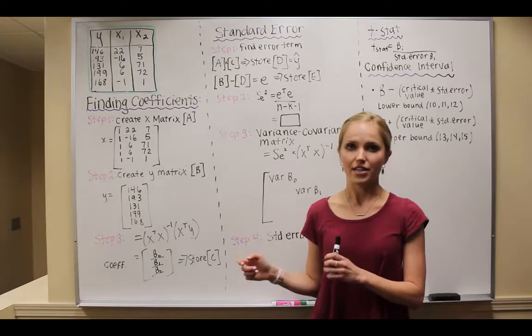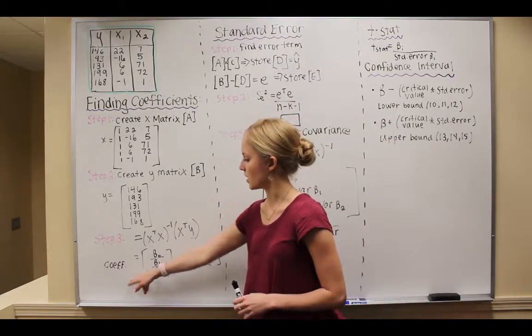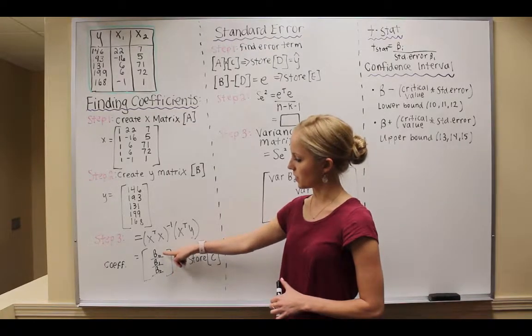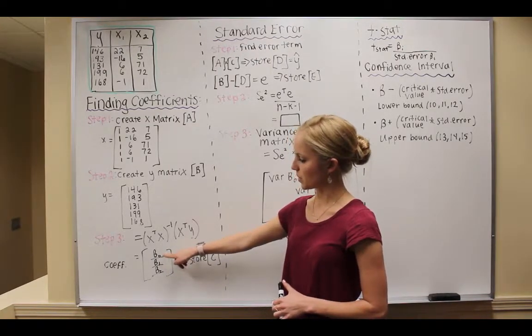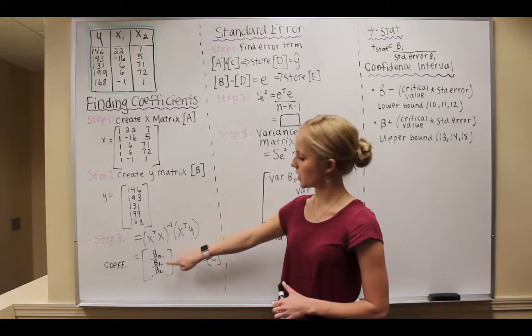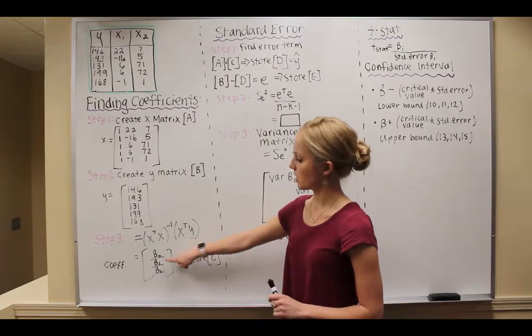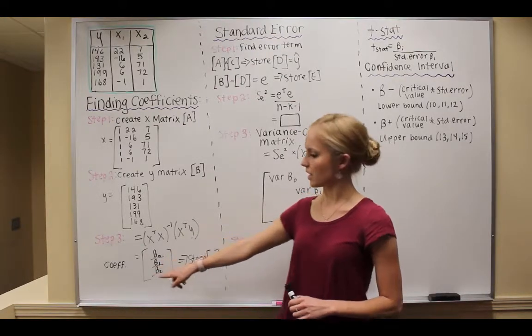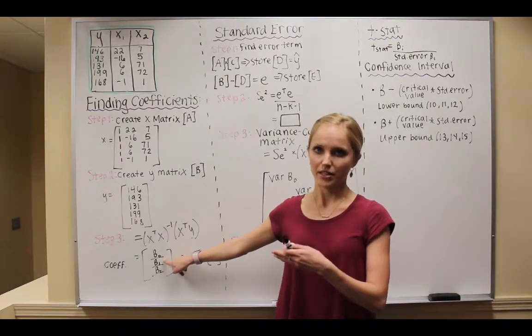If you hit enter, this will give us another matrix, a 3x1 matrix, and it'll give you 3 values. The first one will be your constant, and the second one will be your coefficient for x1, which is labeled as beta 1.